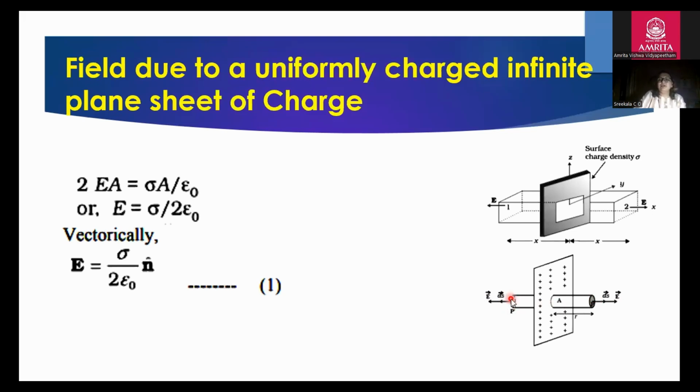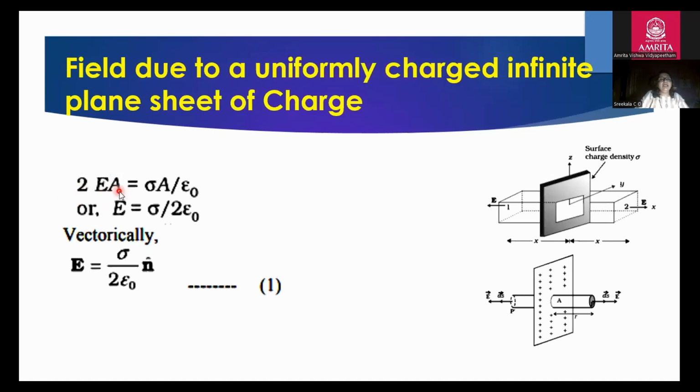The Gaussian surface is separating the sheet into two parts. The thin sheet of charge should pass through the center of the Gaussian surface, so that both the surfaces are there.